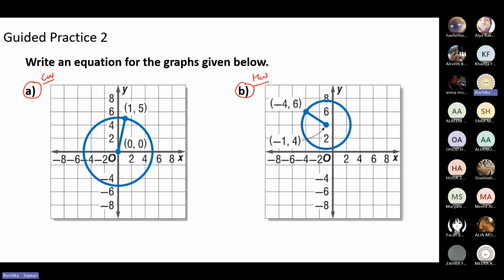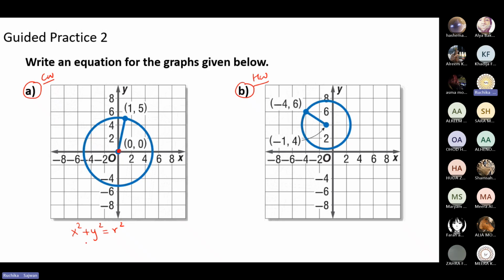What are the coordinates of the center for circle A? 0 and 0. So which equation will you use? Number 1, number 2? Number 2, because in number 2, the center is the origin. And can you see the center is the origin here? So directly, I can use this equation, not go for the big one. Use the small one, okay?